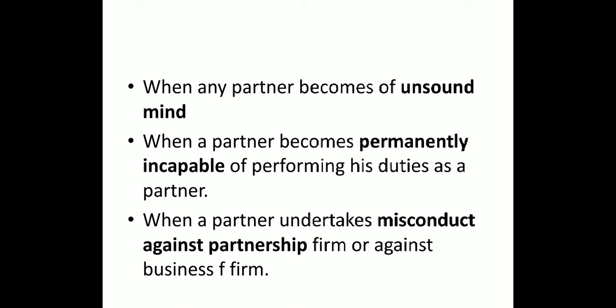If you aren't capable of discharging your duties properly, then obviously you are removed. Similarly, when any partner becomes incapable of performing his duties as a partner, the court can give orders to dissolve the firm.